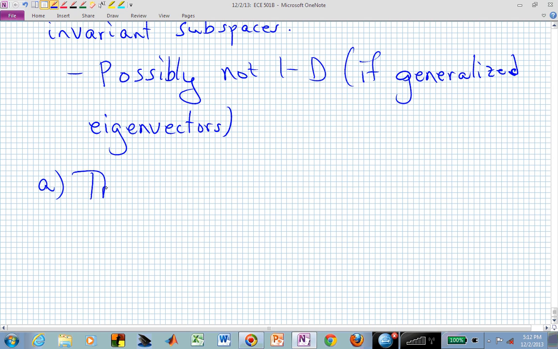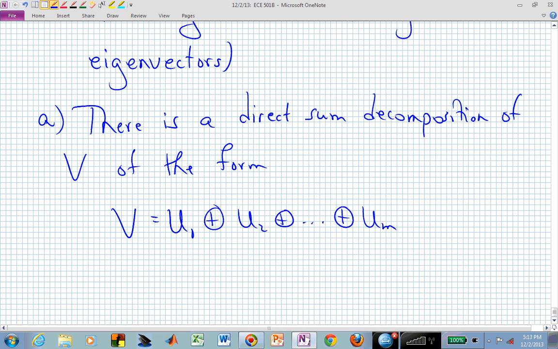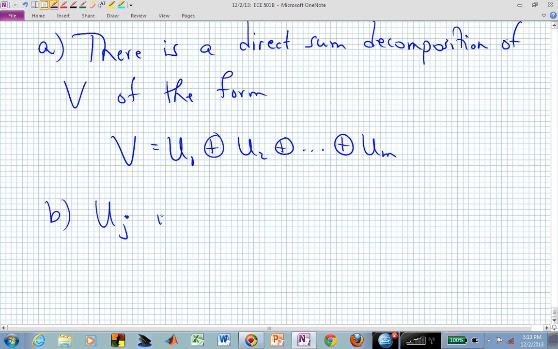First, A, there is a direct sum decomposition of the underlying vector space V. And that's now made up of this direct sum of these M subspaces, U1 through U sub M. B, U sub J, that subspace is invariant under T.